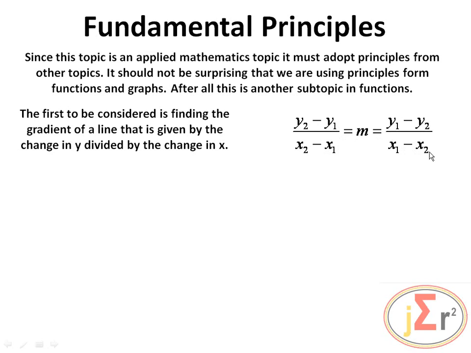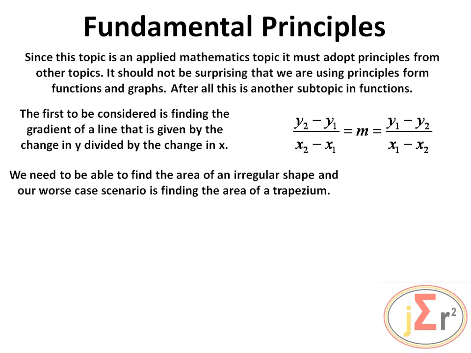Of course, we know that the coordinates of the 2 points that are involved will be (x1, y1) and (x2, y2). The statement of this formula tells us that irrespective of the point that we use first, the gradient is always going to be the same.